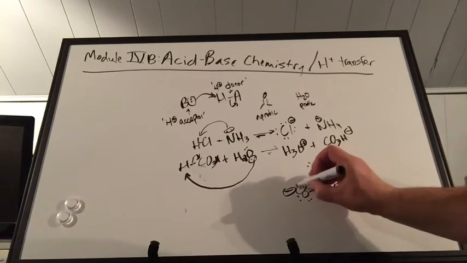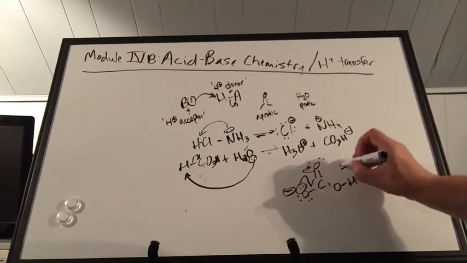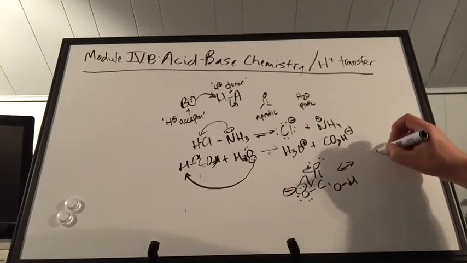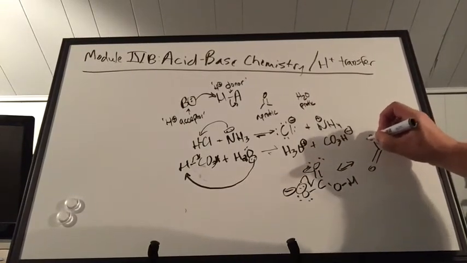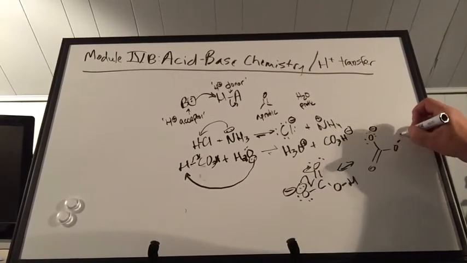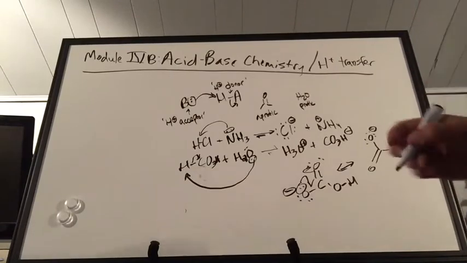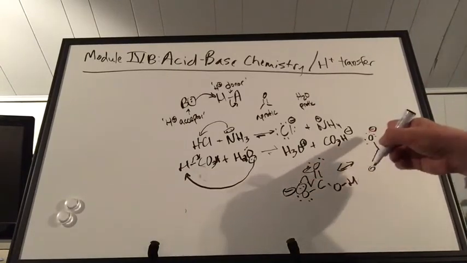It can actually conjugate just fine, going back and forth and resonate, and have a resonance hybrid, right? So it's going to fluctuate back and forth between these two forms.